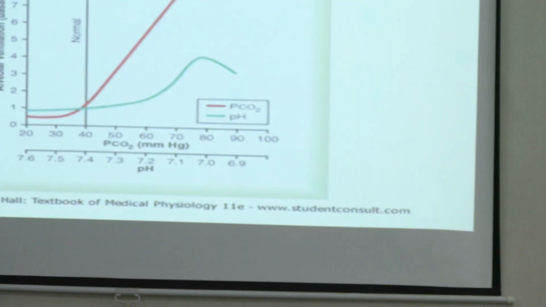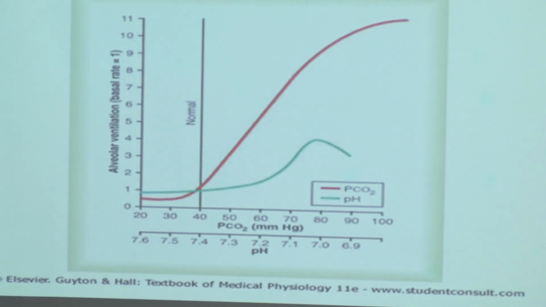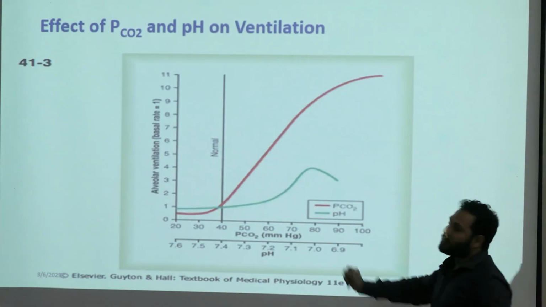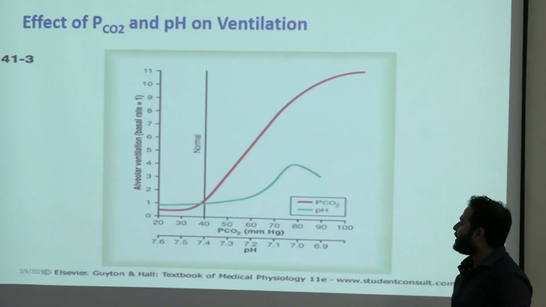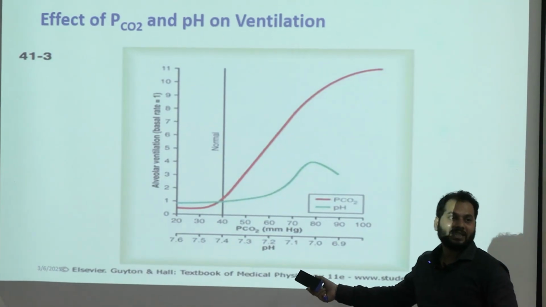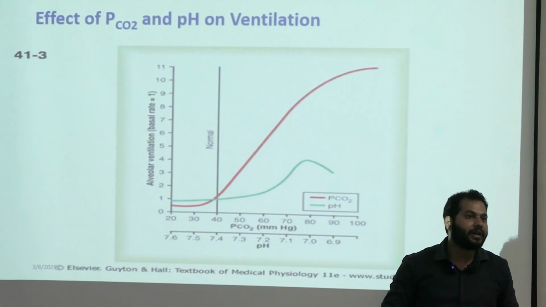See here on the x-axis, the upper one, you see the partial pressure of carbon dioxide, and in the same graph it shows the effect of pH on alveolar ventilation rate.